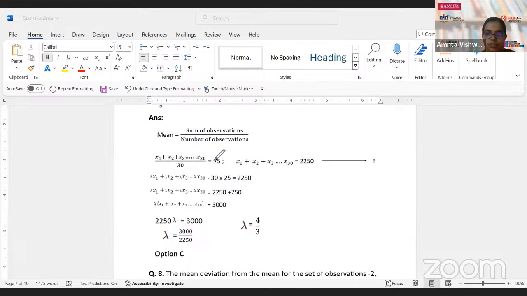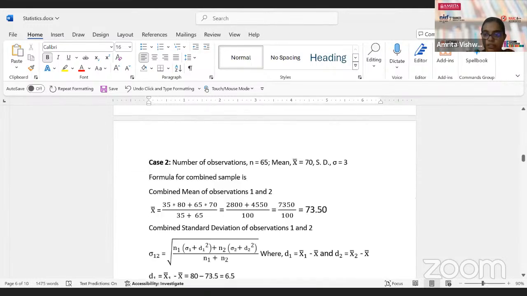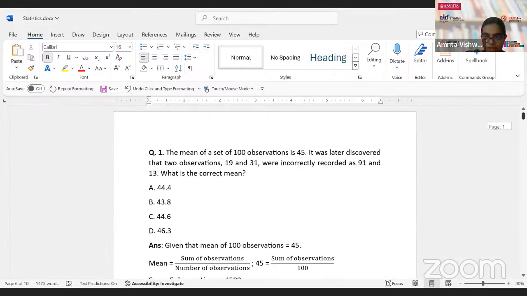So yes, I hope this question is clear. So we'll stop it here and I'll discuss something else. So just wanted to know, are there any students who want me to repeat the questions? Anyone, you can just put the number in the chat box. From question number 1 to question number 7 that we have discussed now, anybody wants me to repeat any of these?